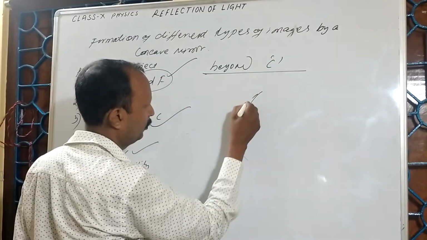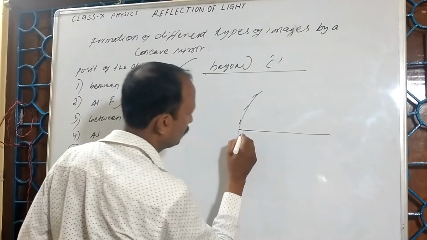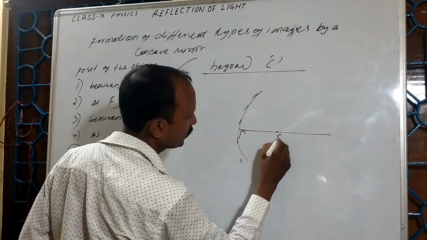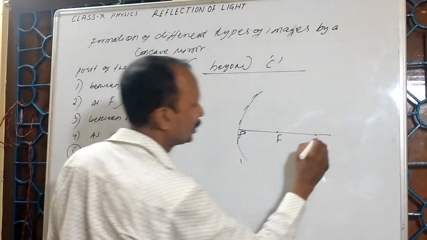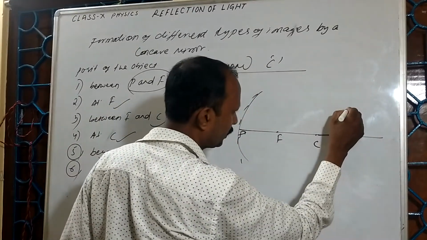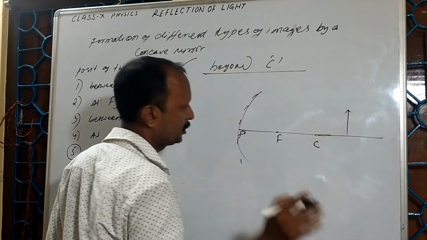So suppose this is the mirror, this is the principal axis, this is the pole, this is center of curvature. Suppose the object is beyond center of curvature.